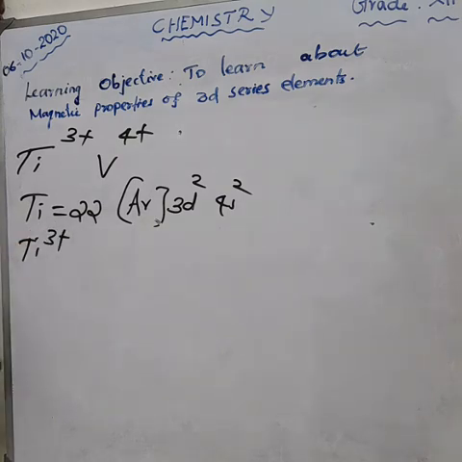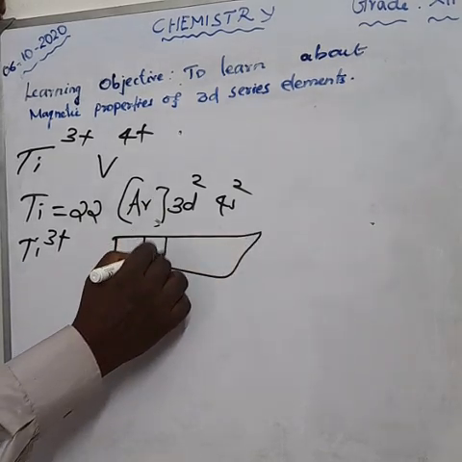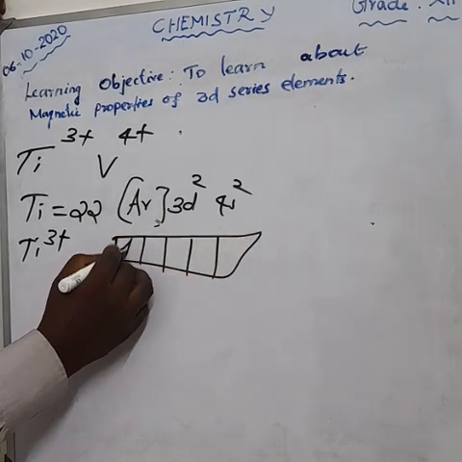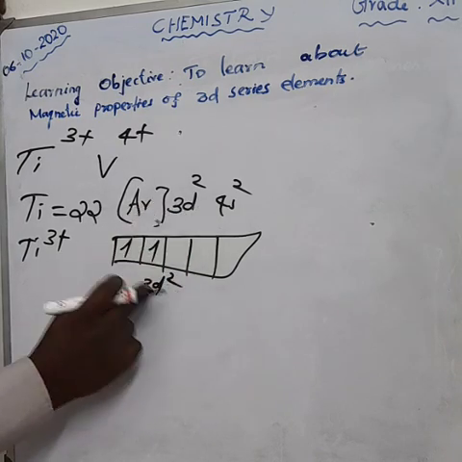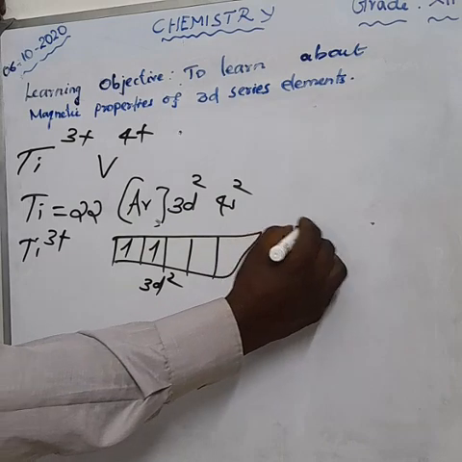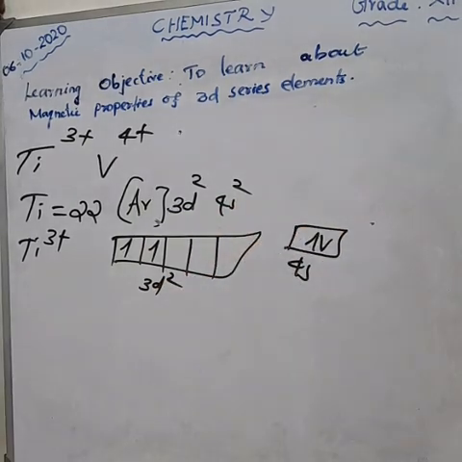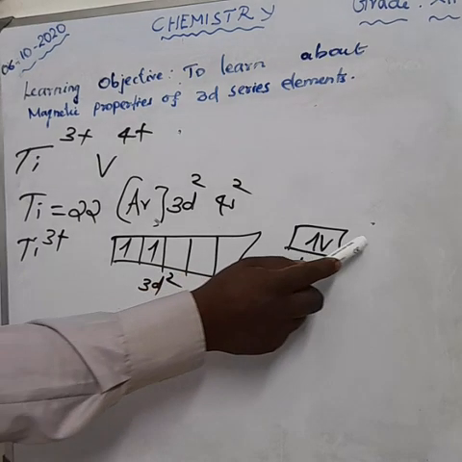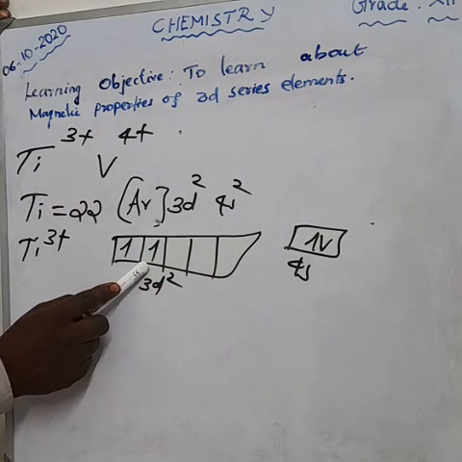So titanium 3 plus. In the 3d subshell, how many electrons are there? 3d2, 2 electrons, am I right? And about the 4s, how many electrons? 2 electrons. So our question is, what is the configuration of titanium 3 plus? It loses 2 electrons from 4s and 1 electron from 3d.